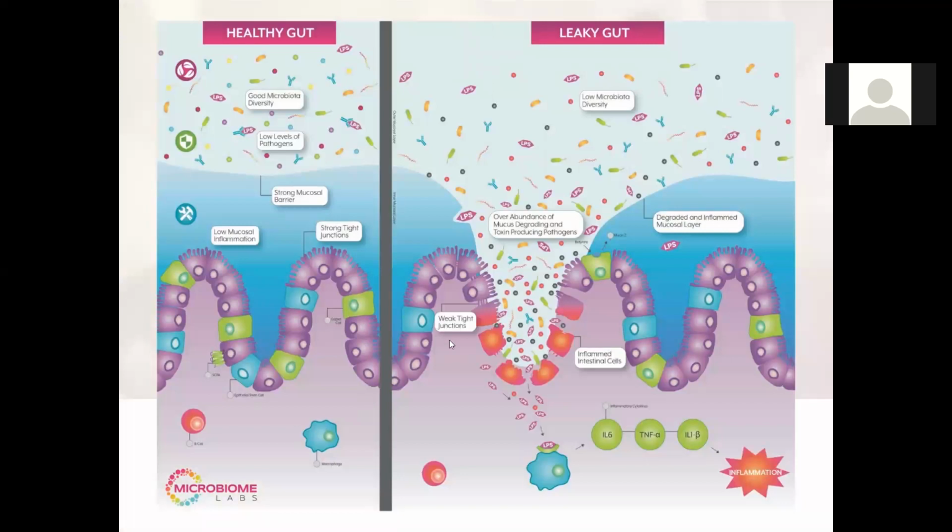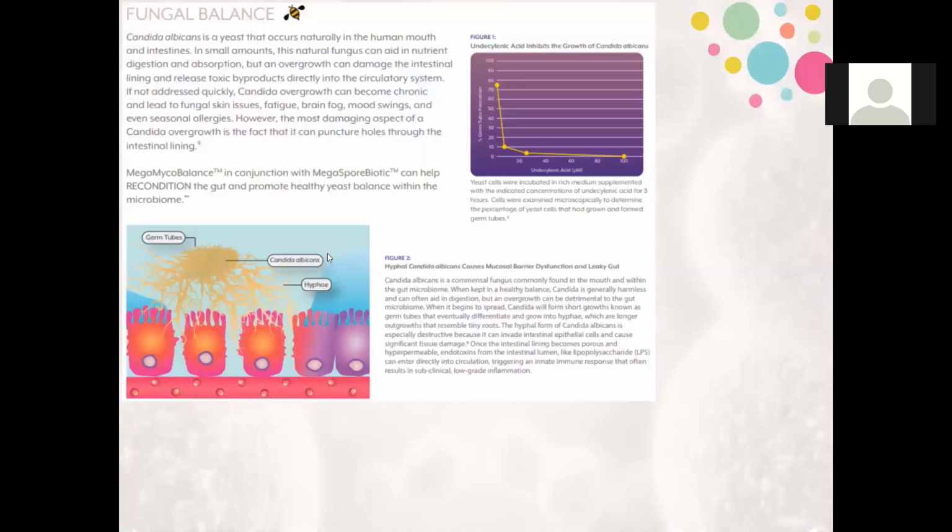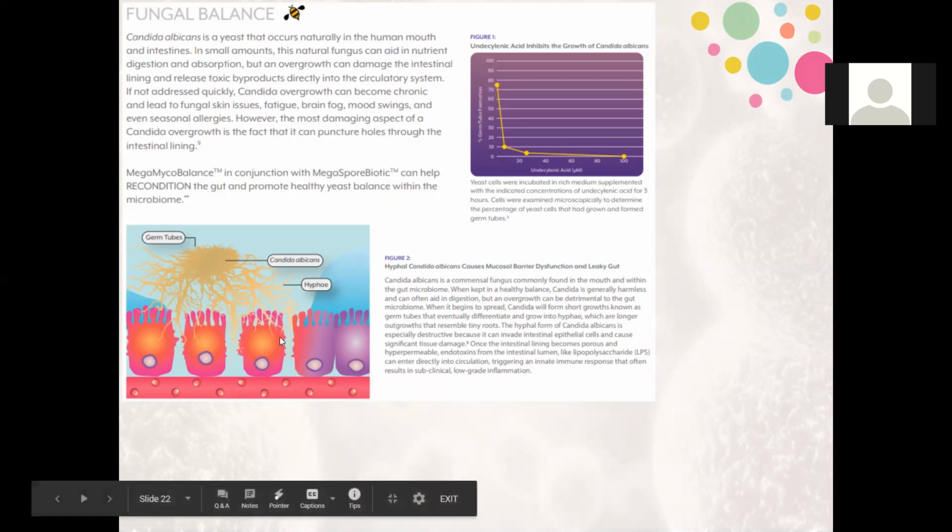Okay, so some other things, unfortunately, that can impede these tight junctions is candida. And in this diagram, you see that candida grow hyphae. It's like roots that bury or dig or erode the tight junctions that also lead to leaky gut.